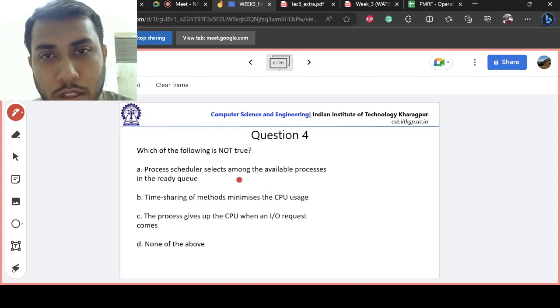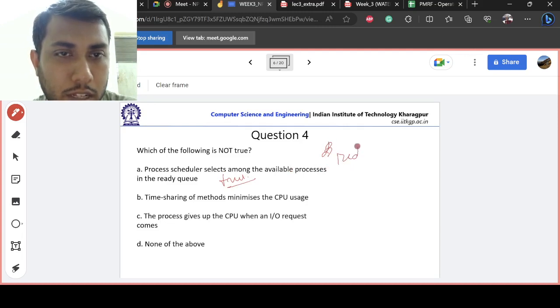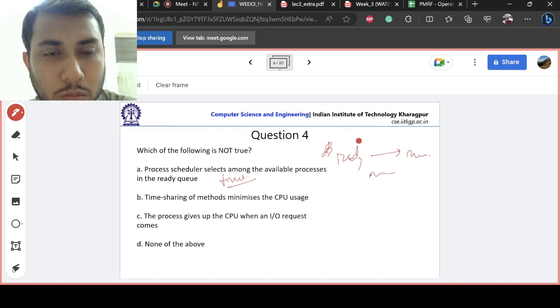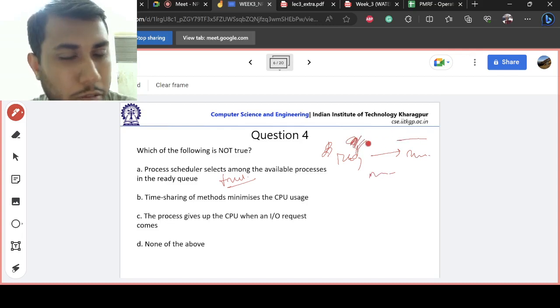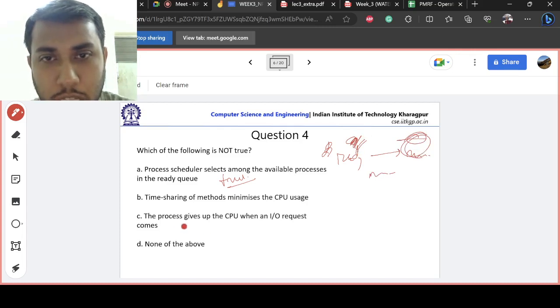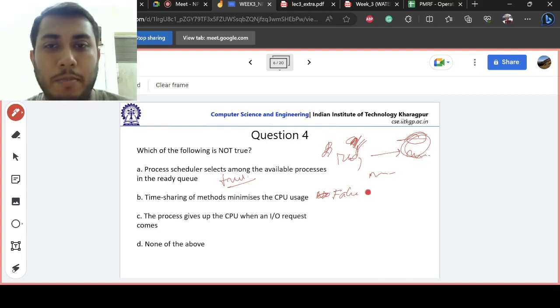The process scheduler is the one which selects from ready to running, which process to select for the running queue. That is true. Time sharing minimizes usage: that is not true, that is false. It maximizes, because it may sometimes minimize, sometimes not.